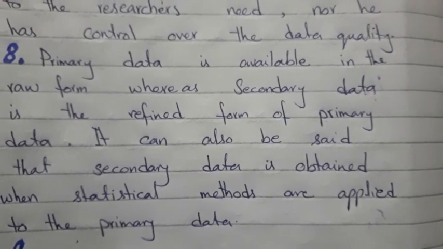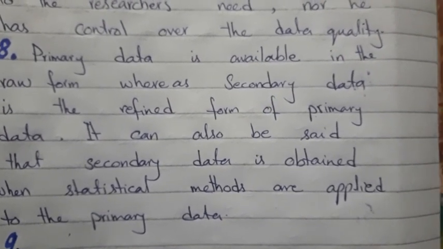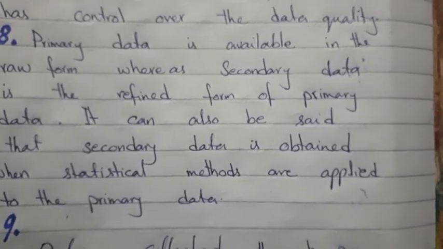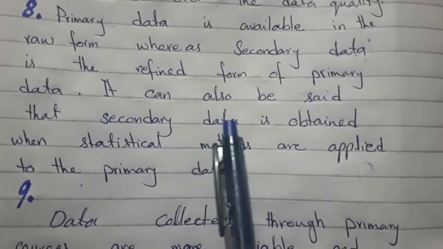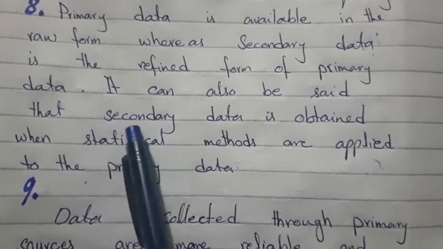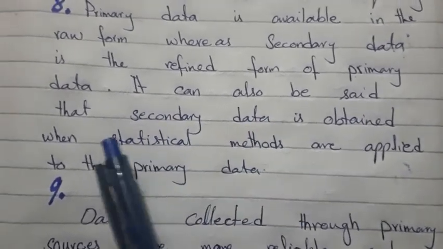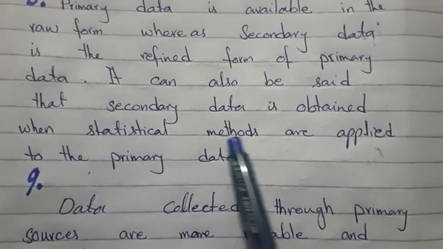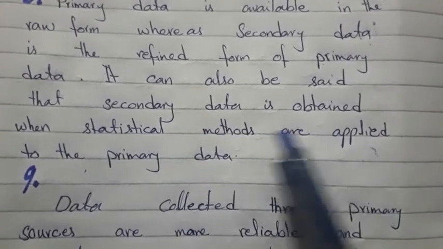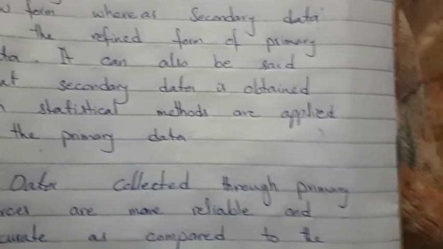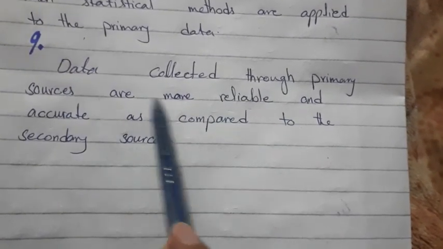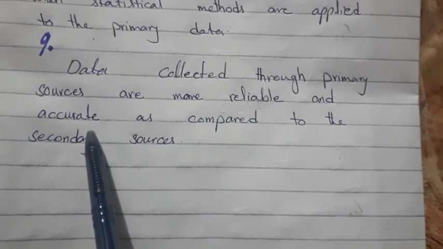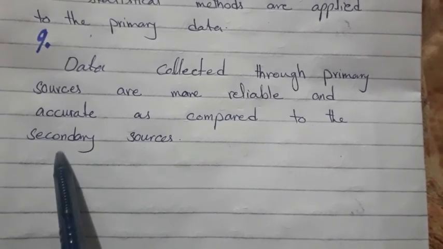Primary data is available in the raw form, whereas secondary data is the refined form of the primary data. It can also be said that secondary data is obtained when statistical methods are applied on the primary data. Data collected through primary sources are more reliable and accurate as compared to the secondary resources.